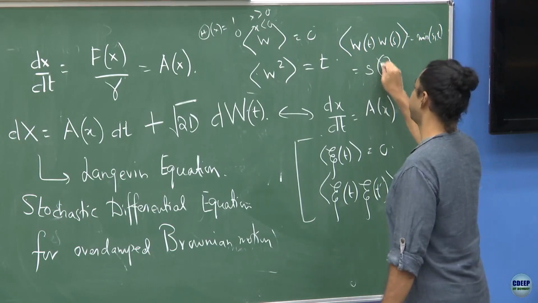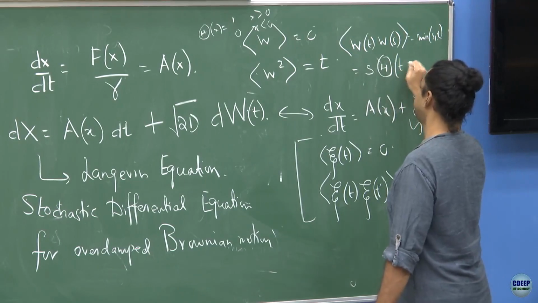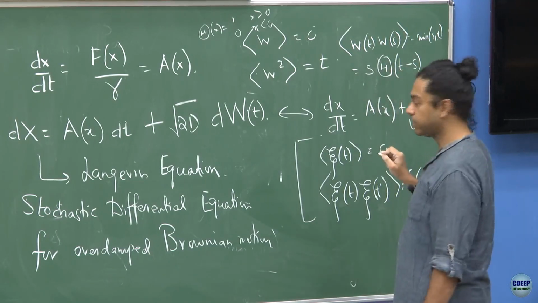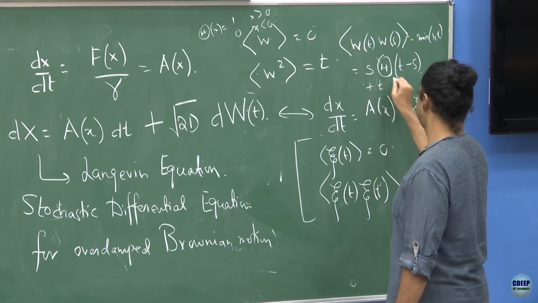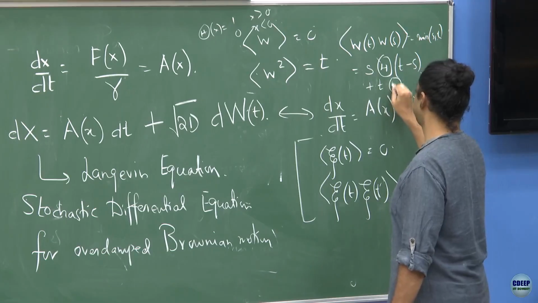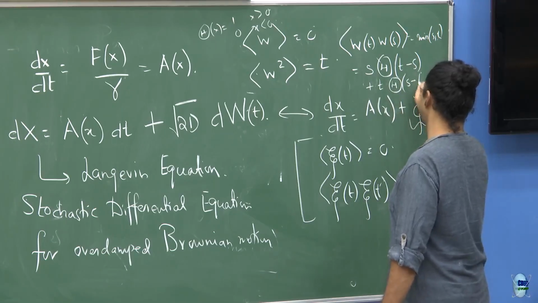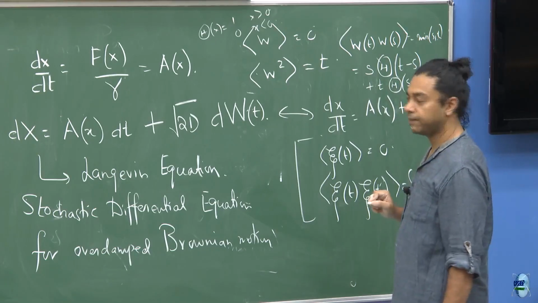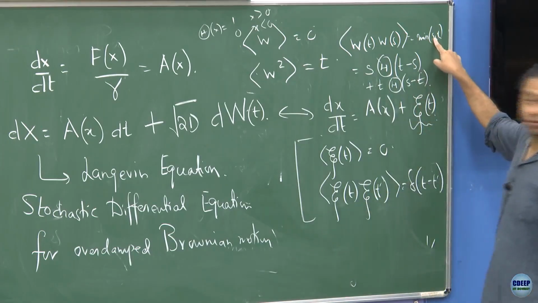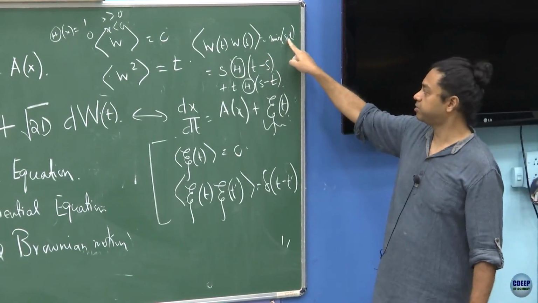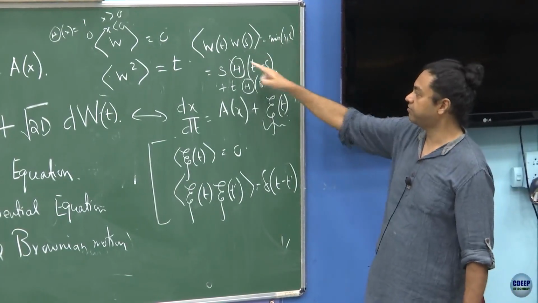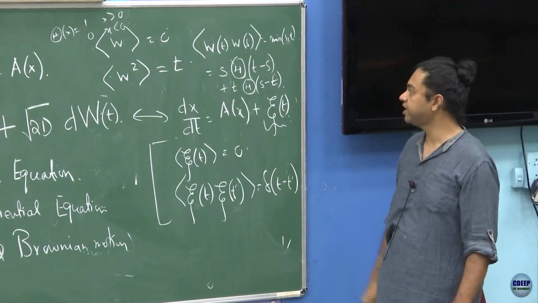So, that means Heaviside of t minus s, and I will have t when t is less than s. So, Heaviside of s minus t, right. So, this I had, that this is minimum of s comma t. This minimum I have written down in terms of this Heaviside.